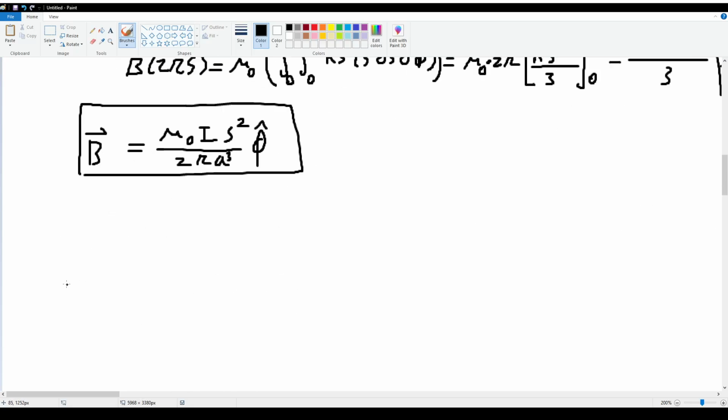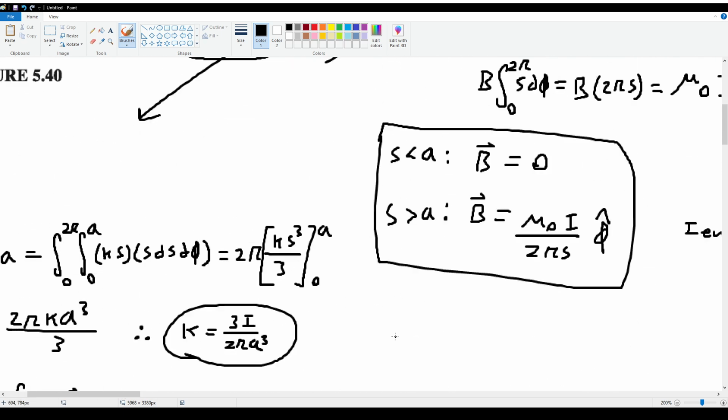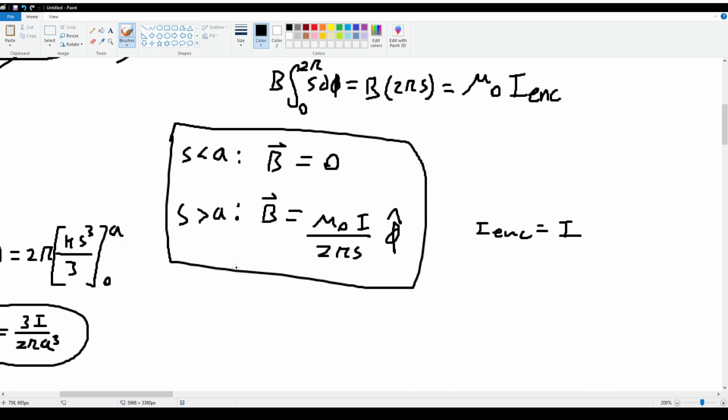And if you then want this other case, well, for this case, the answer is actually going to be exactly the same as for part A, because it's still the whole I that is enclosed.